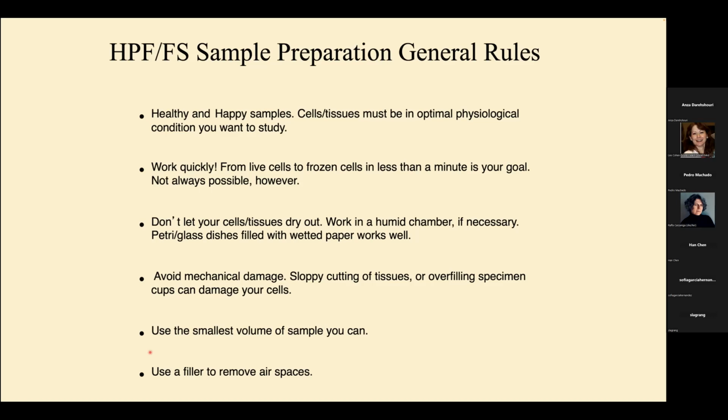We can't just use normal buffers because the solute concentration is too low. So generally we use things like 0.15 molar sucrose, hexadecene, dextran, Ficoll, even yeast paste to fill up the spaces around. There are many of these fillers. Once again, depending on your sample, you would cater and design it to fit your sample really well so that it freezes best.